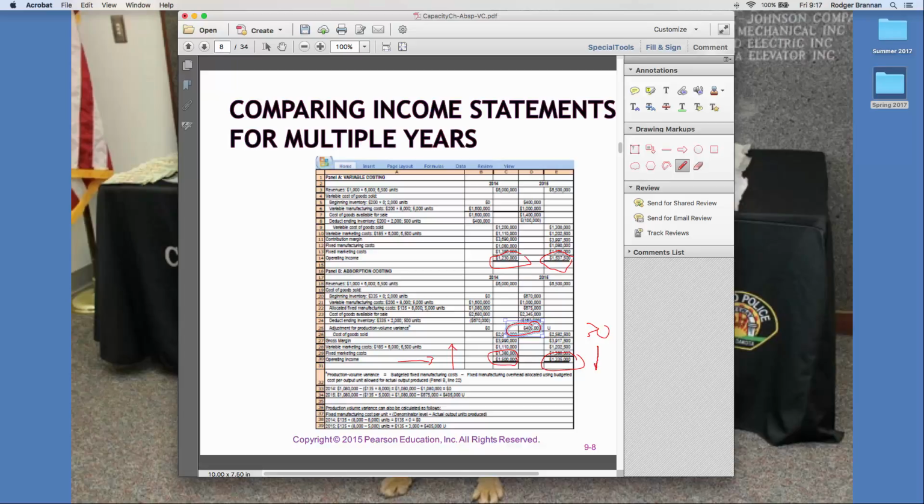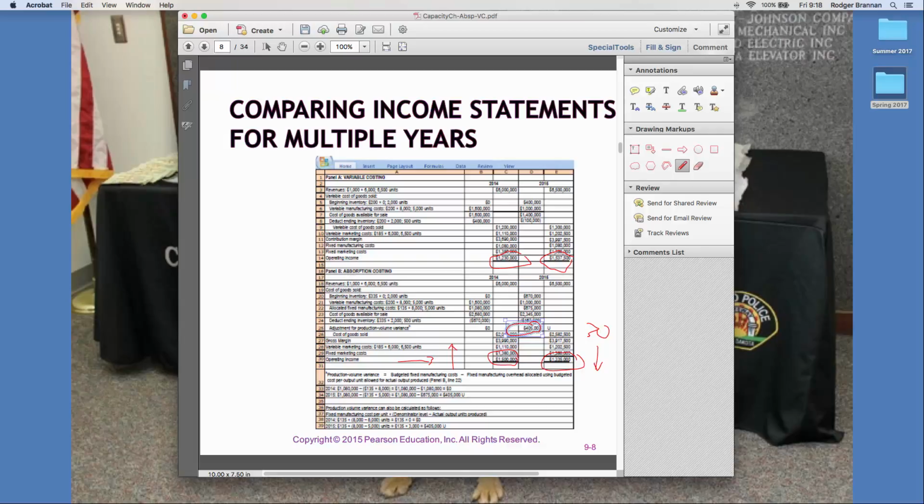Now, in 2016, you get just the opposite. What ends up happening in 2016, the absorption costing will have less. Why? Because I decreased my inventory. It went from 2,000 units down to 500 units. So by very definition, if inventory levels decrease from the beginning of the year to the end of the year, absorption costing will have less operating income.